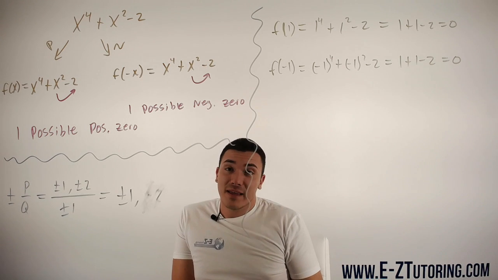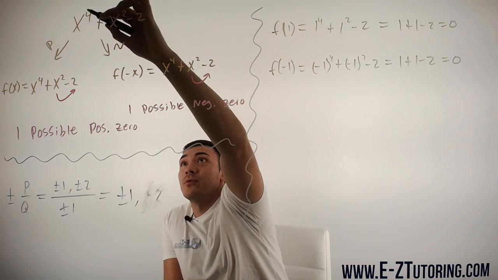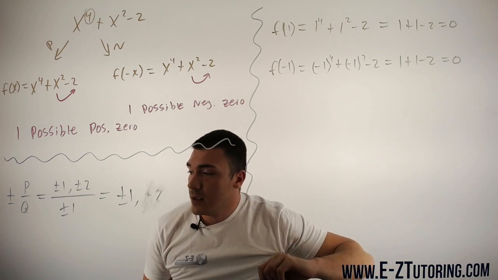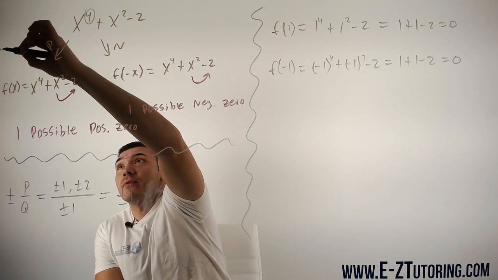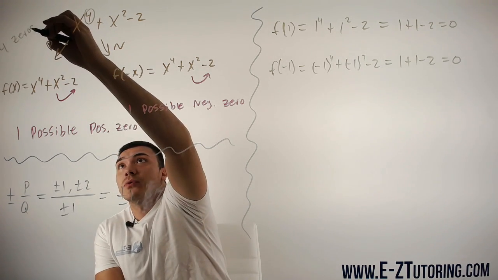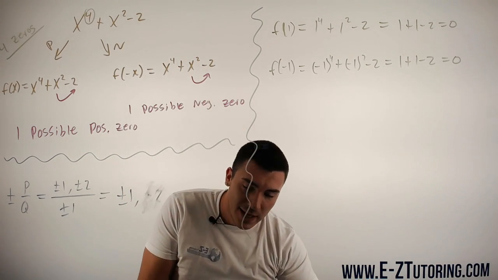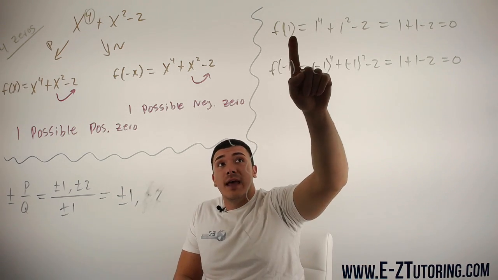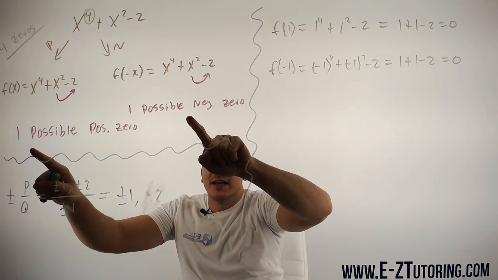Now, one more thing, if you do remember, is our degree of this function is 4, which means that we have 4 zeros in total. Now, we only have 2 zeros from Descartes' rule of signs.